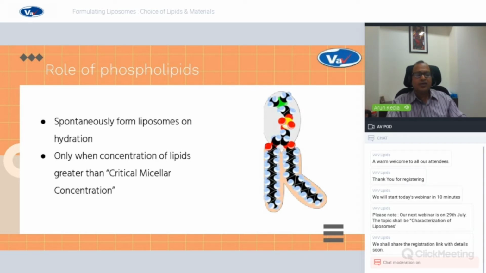Now the CMC, or the critical micellar concentration, fortunately runs in very low concentrations, usually in the space of millimoles, and only when this concentration, the CMC, is exceeded, then the phospholipids start to agglomerate as vesicles. Also to highlight here that the CMC can depend on the lipid, and so it's like a physical property of the lipid.